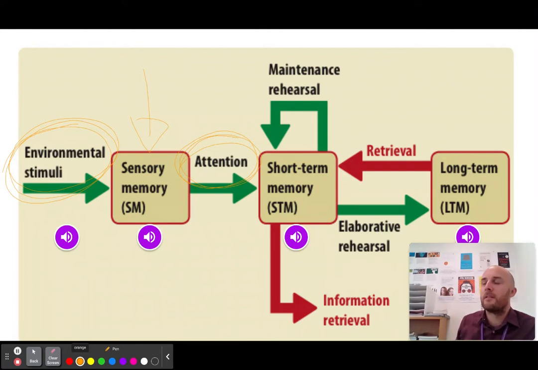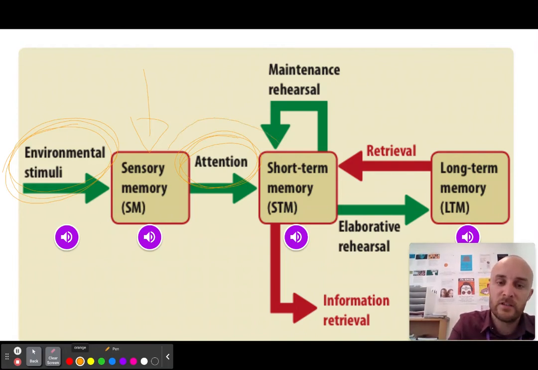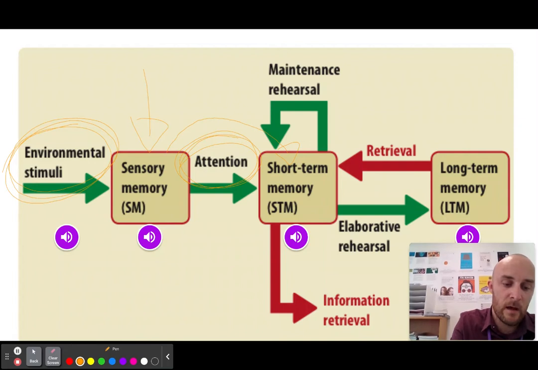Everything else, the feel of the clothes on your skin, for example, the temperature of the room, you are not paying attention to these things, and thus that memory is being deleted immediately. So we move whatever we're paying attention to from our short-term memory onto our long-term memory, essentially. And then it will enter into our short-term memory.